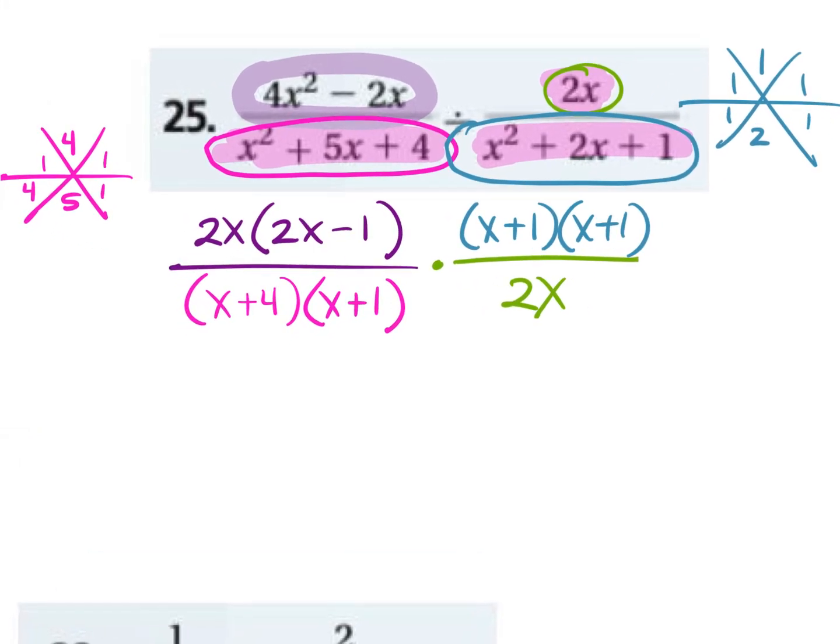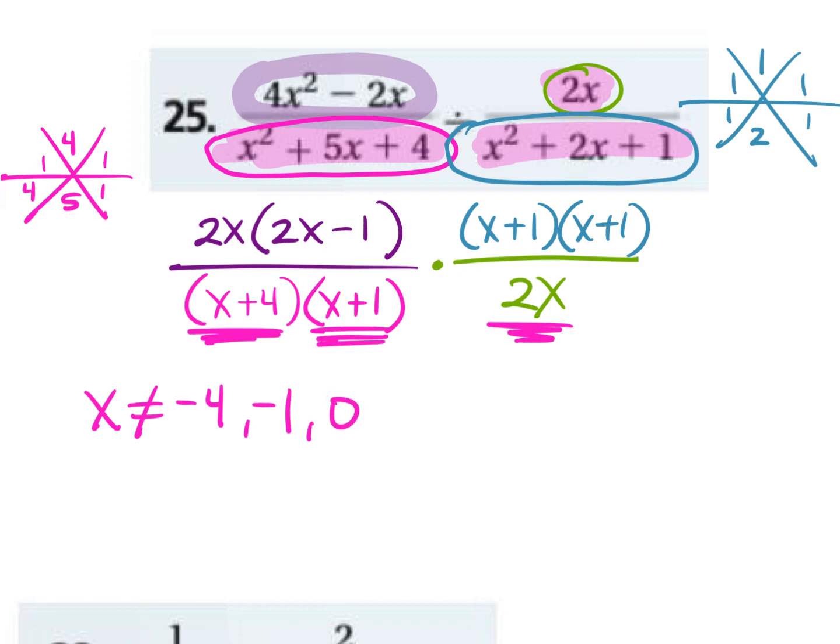So restrictions. X cannot be what for this? X plus 4, a negative 4. X plus 1, a negative 1. 2x, 0. That one's 0. This one we already did. Negative 1 and negative 1. So that's actually all of your restrictions. And now you can start slashing.